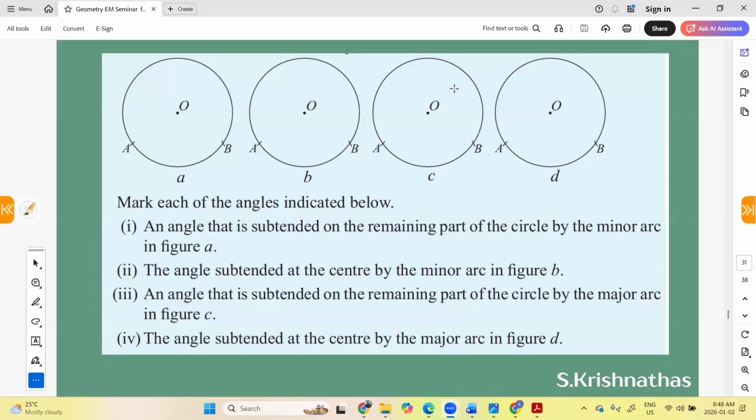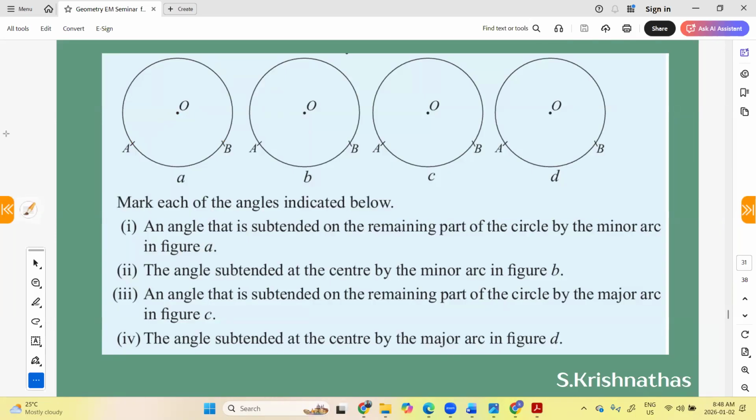Right. An angle that is subtended on the remaining part of the circle by the minor arc in the figure. Okay, so minor arc AB, remaining part of the circle.